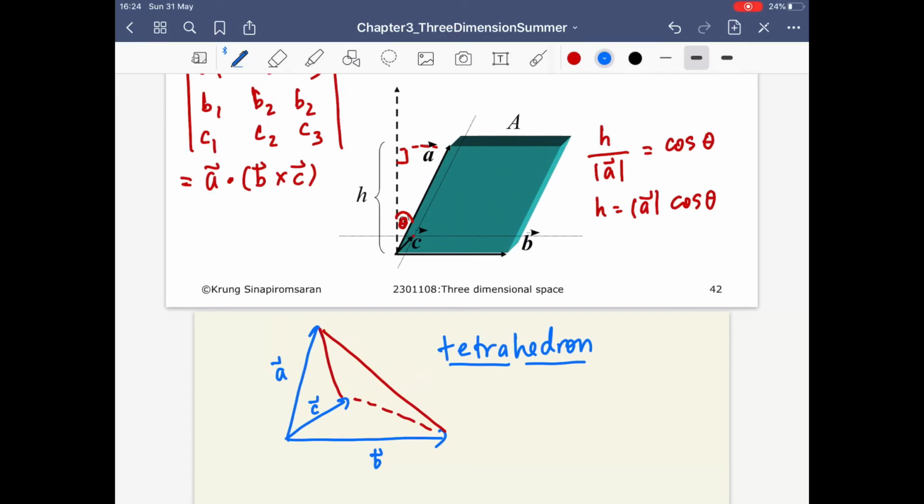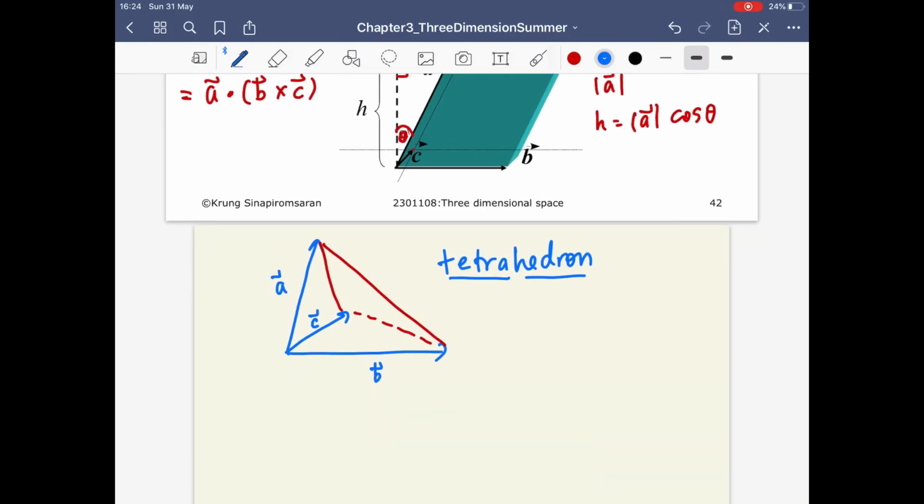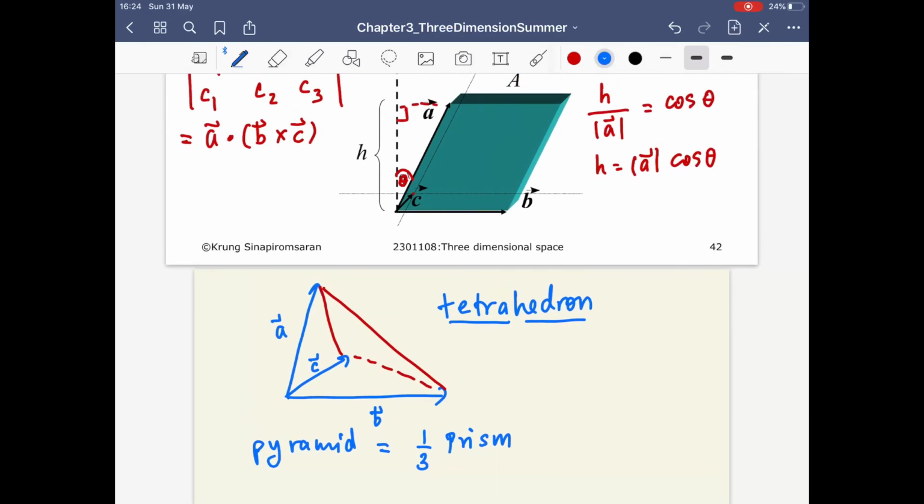So what will be the volume of this tetrahedron? You need to remember that the volume of a pyramid is simply 1/3 of the volume of a prism of the same base. The base is right here, a triangular base, right? So if you want to go back to a prism, it's a prism connecting your A and your B like this. So you have your A and your B and your C like this.